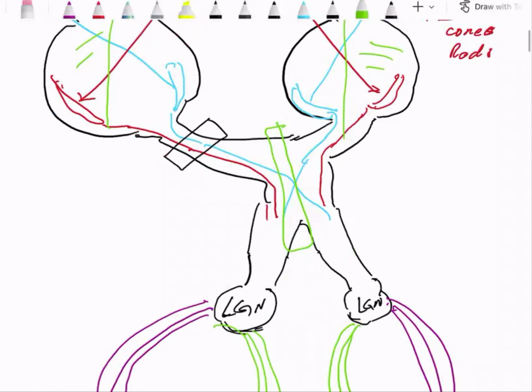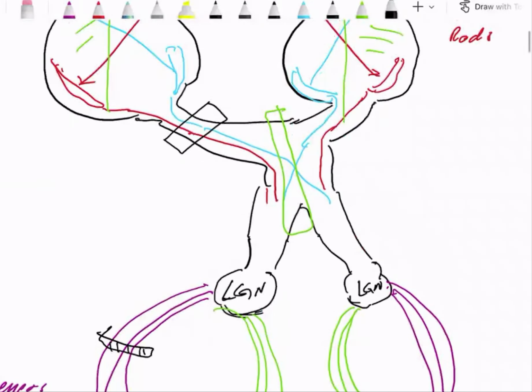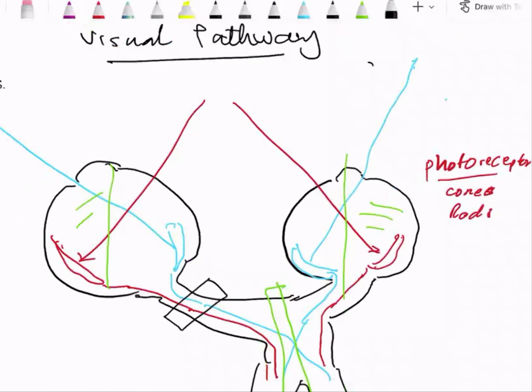If we move forward and we knock out, for example, Meyer's loop here, then we are going to have a visual defect. The visual field will be superior, contralateral to the lesion.